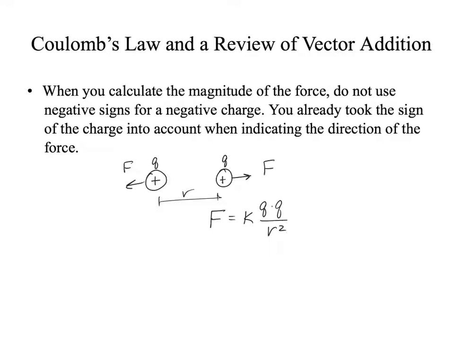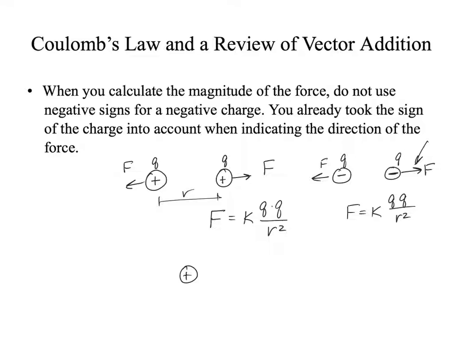I would leave these two positive, but even if I had two negative signs that had a magnitude of q, when I was finding the magnitude of the force, I would still just put the magnitude of the charge and I wouldn't put in the negative signs because I've already taken into account the negative sign when I showed the direction of the vector. So when I drew the vector for the force, I was already indicating in this case that the two charges would repel each other.